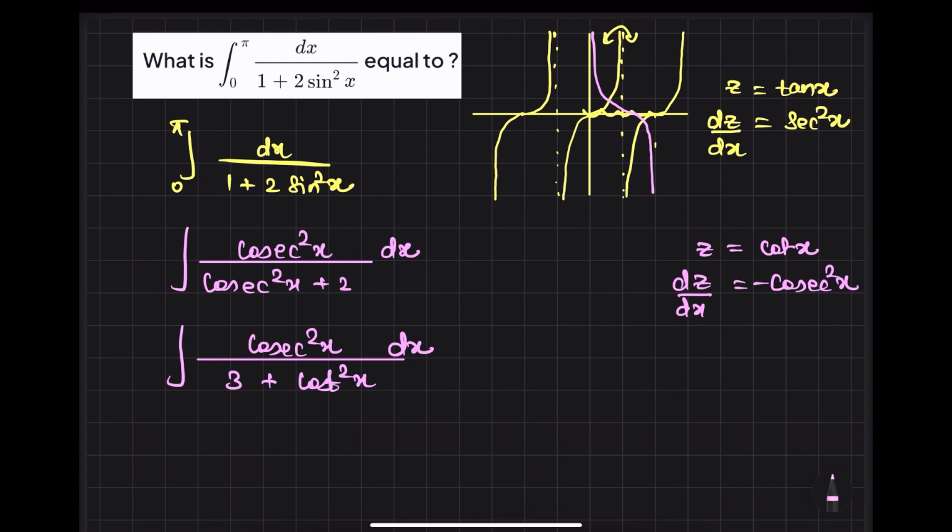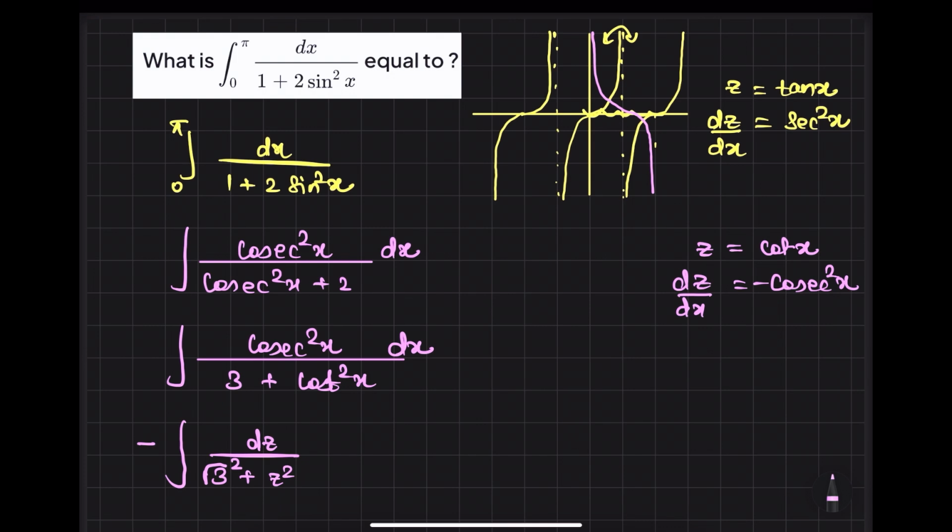Okay. Now let's write down this question. We will be taking minus of dz by 3 plus z square. Now look at the denominator, it looks comfortable, correct? Something square plus something square. Okay, so can I put root and then square?